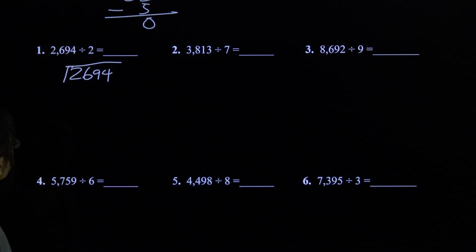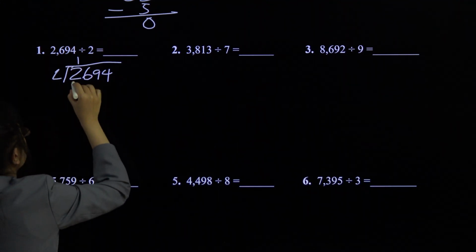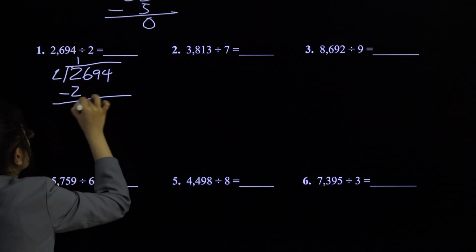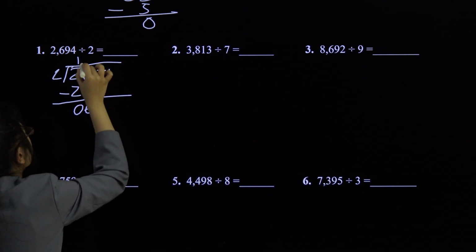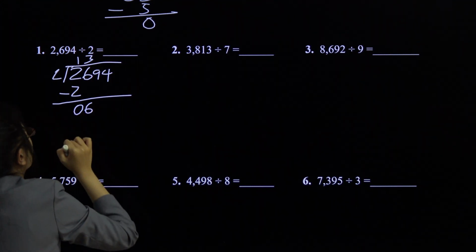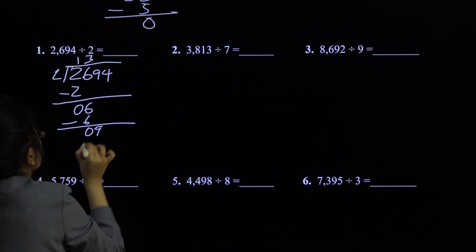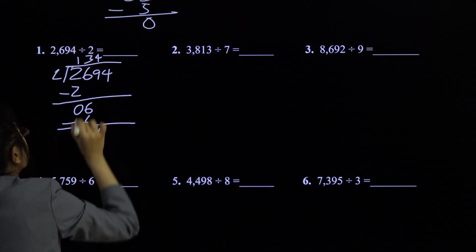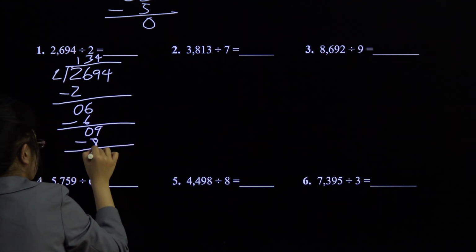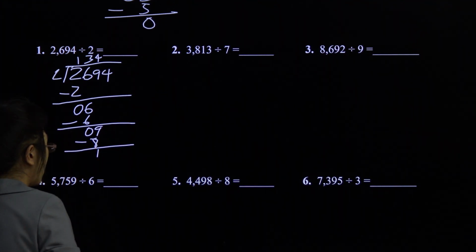So 2 goes into 2 once. And then you drag down the next digit. 2 goes into 6 3 times. And then you drag down the next digit. 2 goes into 9 4 times. And you have 1 remaining.